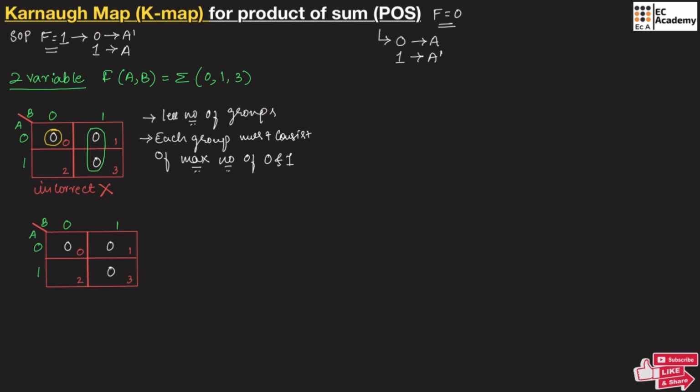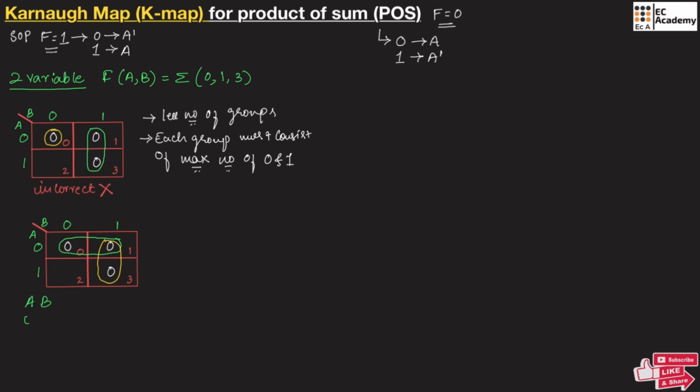The correct way of grouping is to group these two zeros and to group these two zeros. For the first group, AB for this 0 is 0, 0, and for this 0 it is 0, 1.